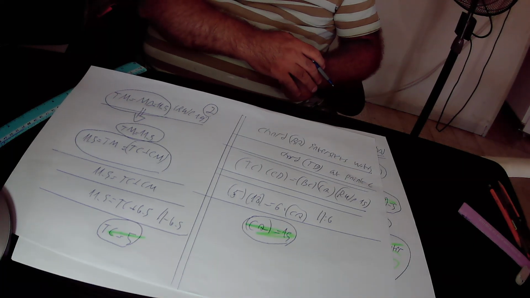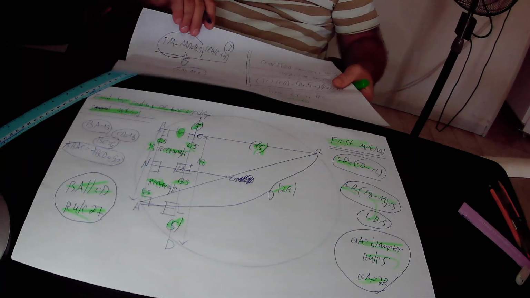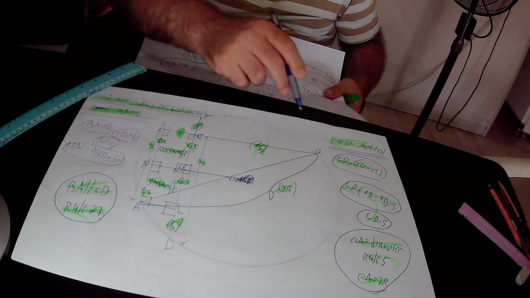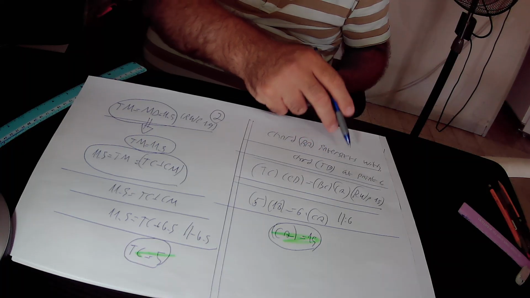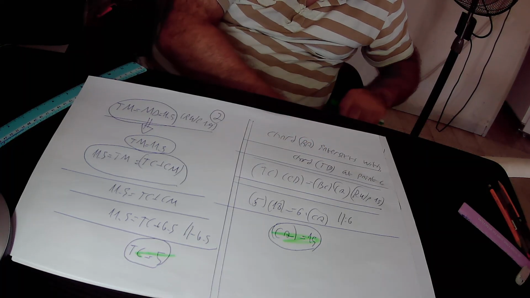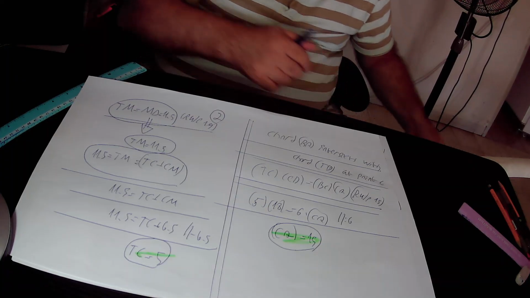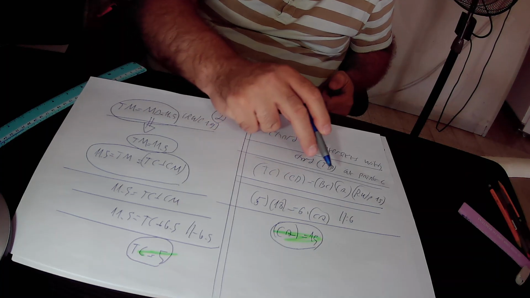So here we can implement rule 15. According to rule 15, TC times CD equals BC times CQ. TC is 5, CD is 18, BC is 6, and CQ is the unknown.